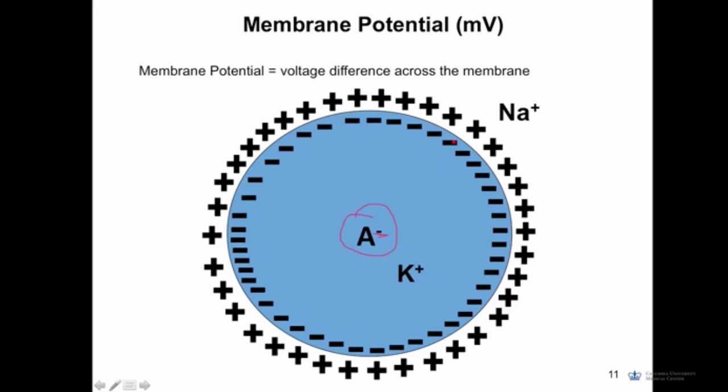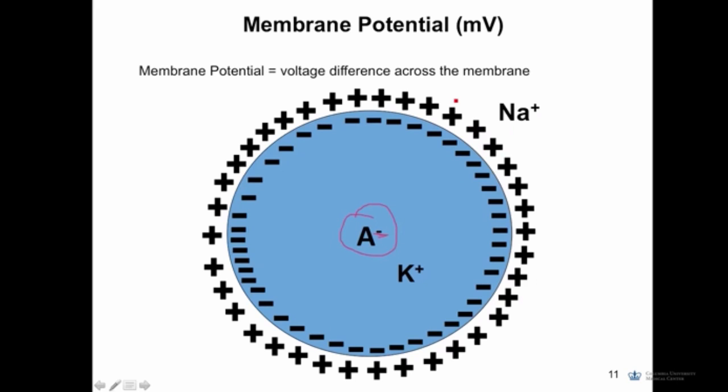So one of the implications of this different composition inside and outside of the cell is that we have lots of charged particles, and they're separated by this plasma membrane that doesn't allow them to cross. Okay, so it isolates these different charges across the membrane.